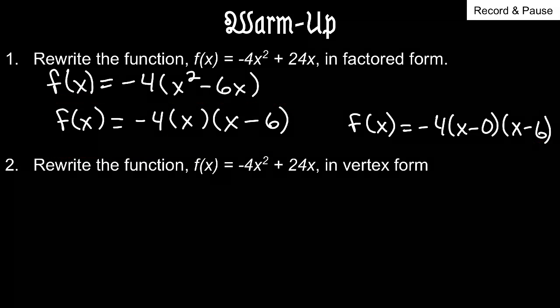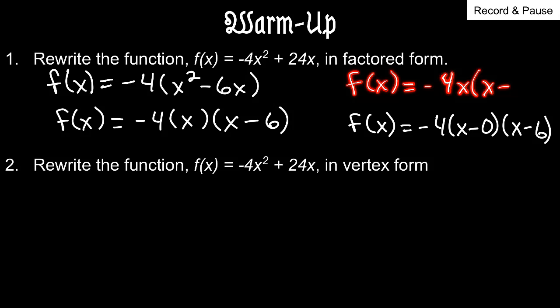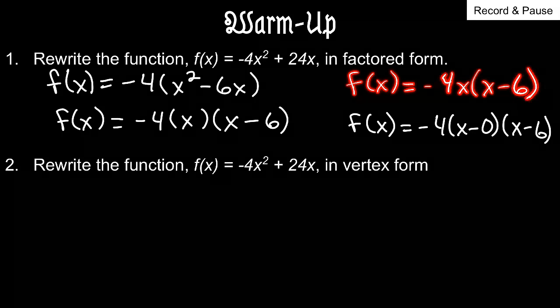And if we got rid of those parentheses, that would actually be just fine too. So f of x is equal to -4x times the quantity x minus 6. And you may not feel like that looks like factored form, and that's partly why I'm not going to write it that way with the ink.